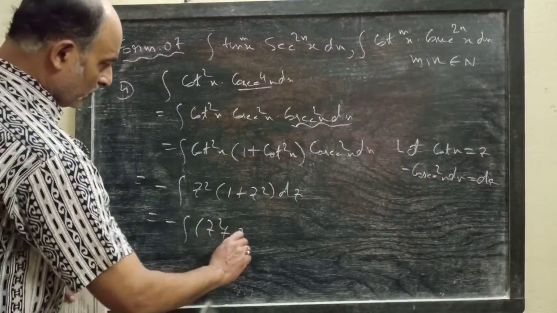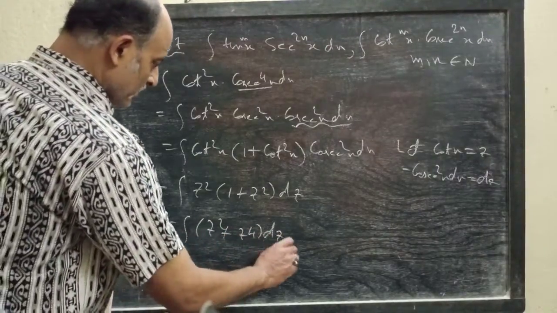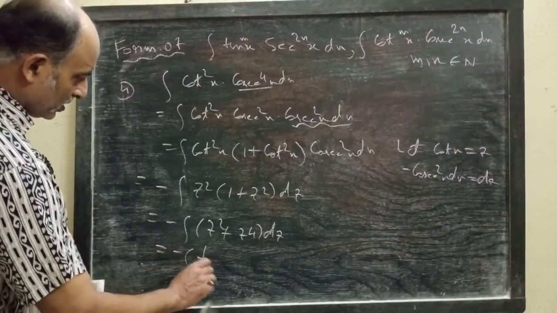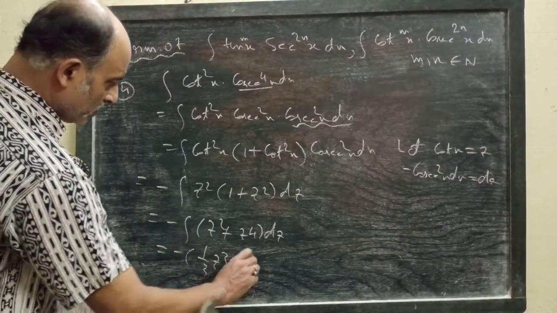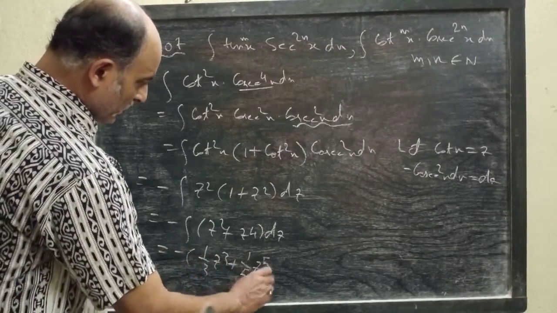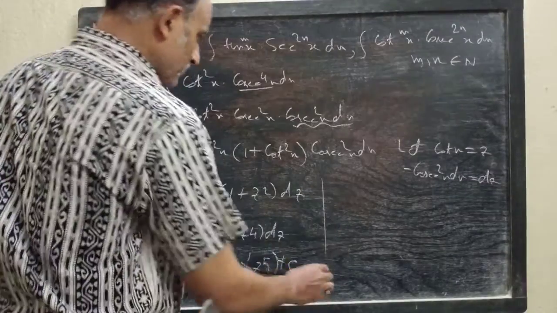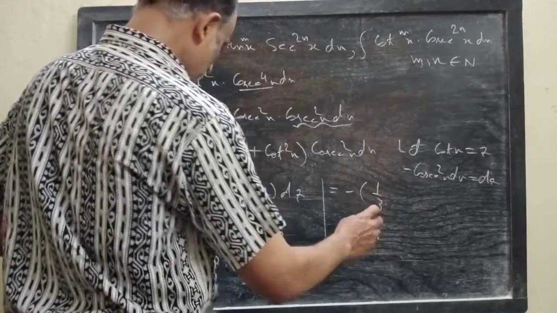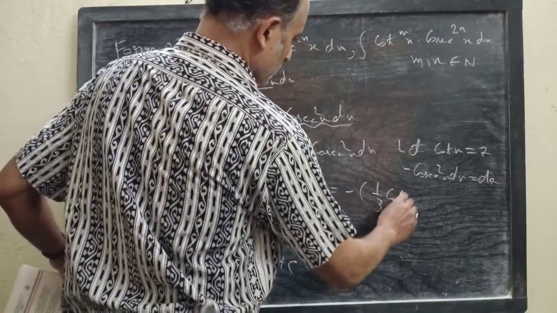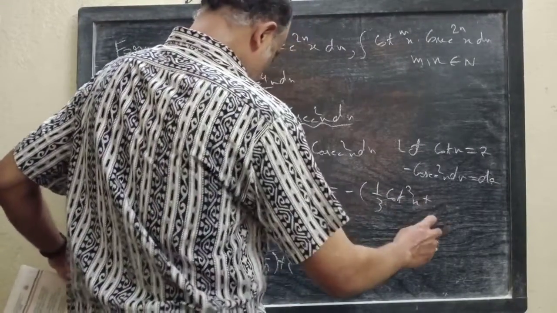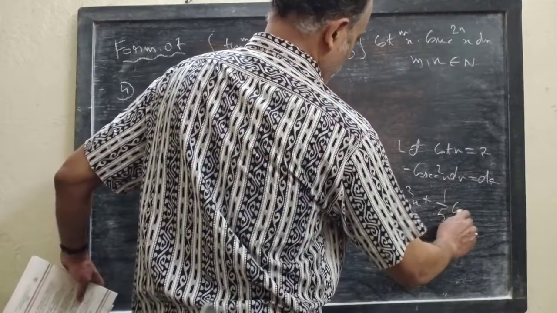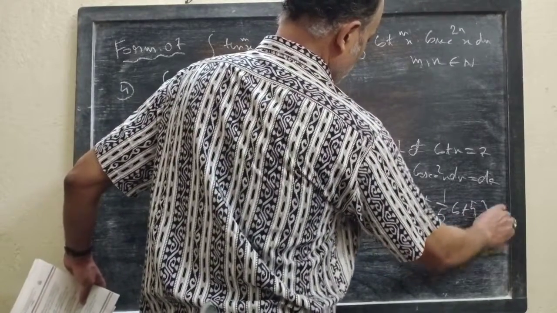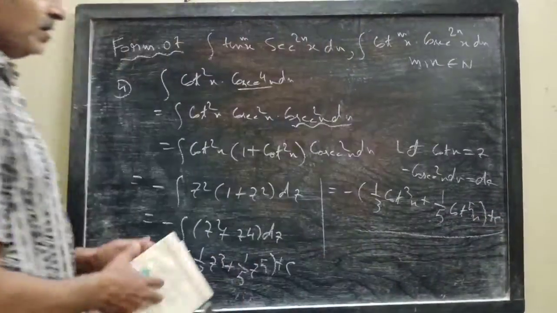Z square plus z to the power 4 dz. So after integration you get minus of 1/3 z cube plus 1/5 z to the power 5 plus c. Now just put cot x instead of z. You get minus 1/3 cot cube x plus 1/5 cot to the power 5 x plus c. This will be your answer.